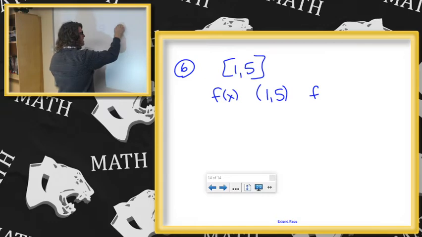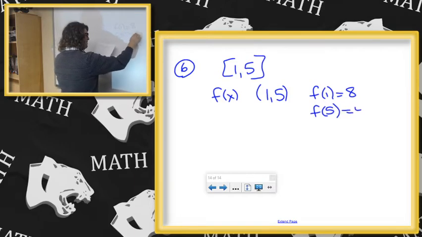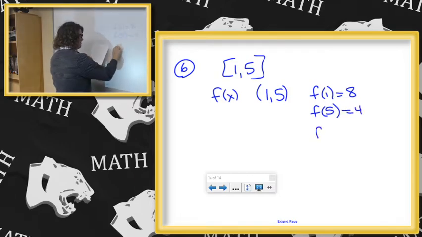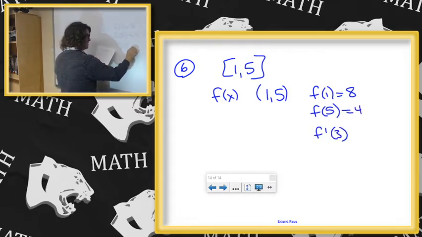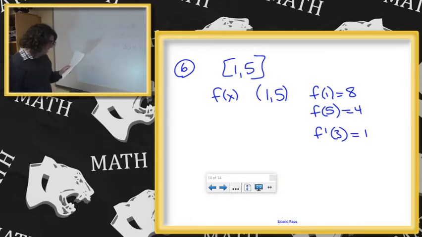It tells us that f of 1 is equal to 8, and f of 5 is equal to 4, and f prime at 3 is equal to 1. Answer each of the following, justify your answers. Does f prime of x equal -1 for some x in the open interval between 1 and 5?